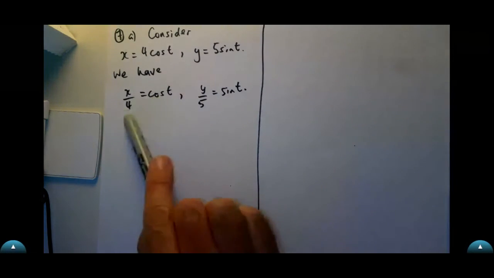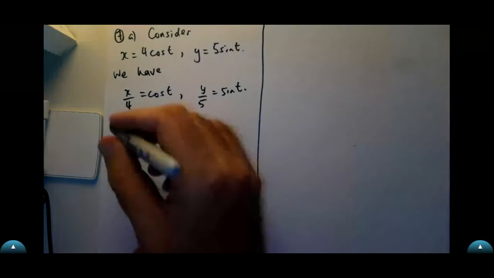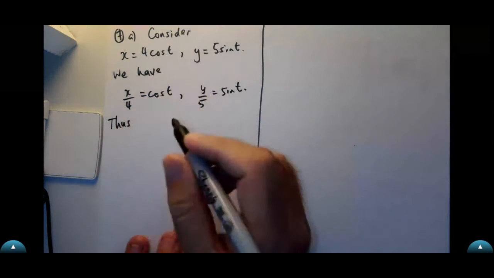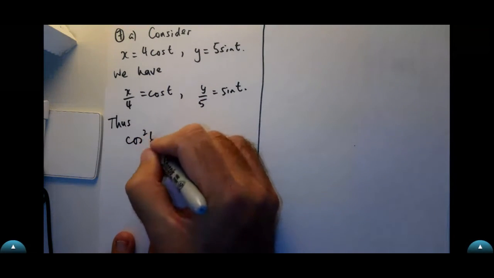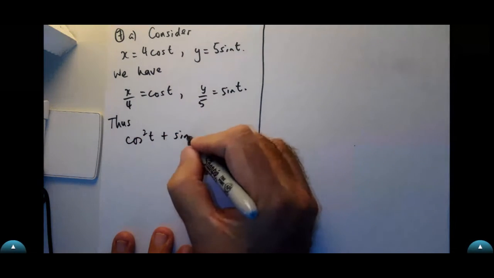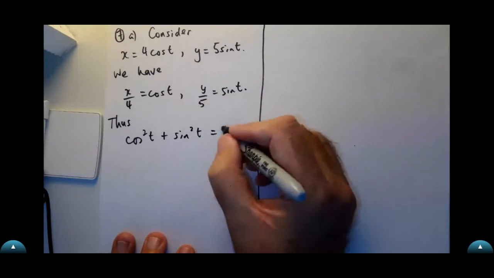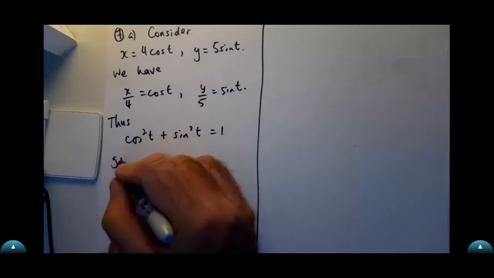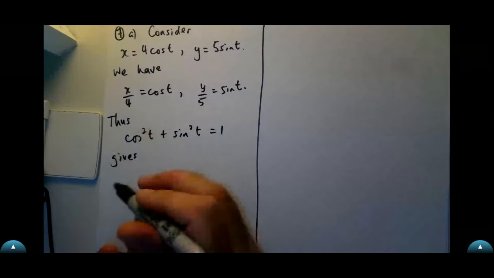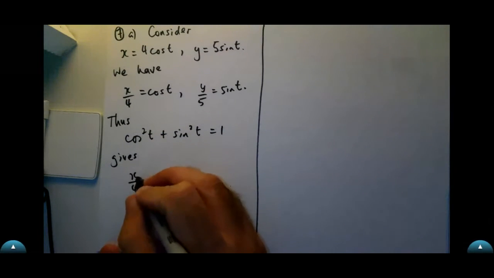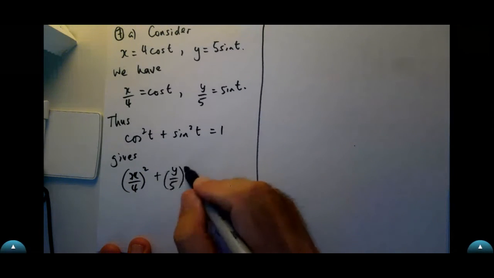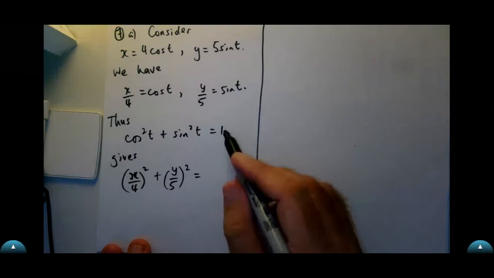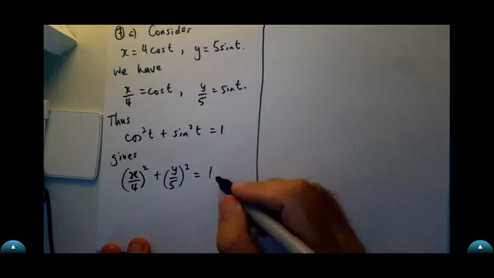Let's square this, add them together, and we'll get x on 4 all squared plus y on 5 all squared equals 1.